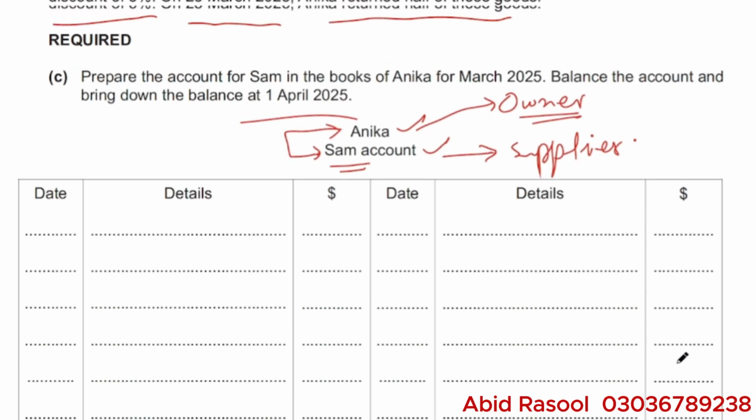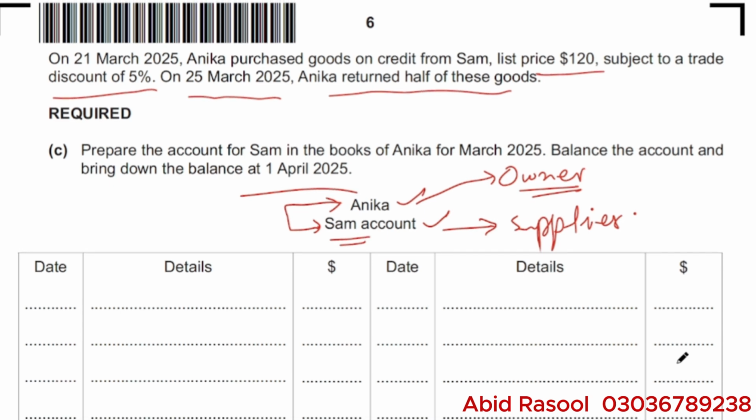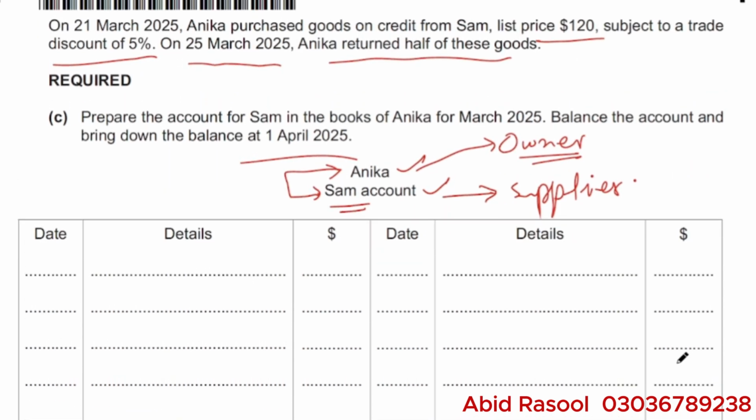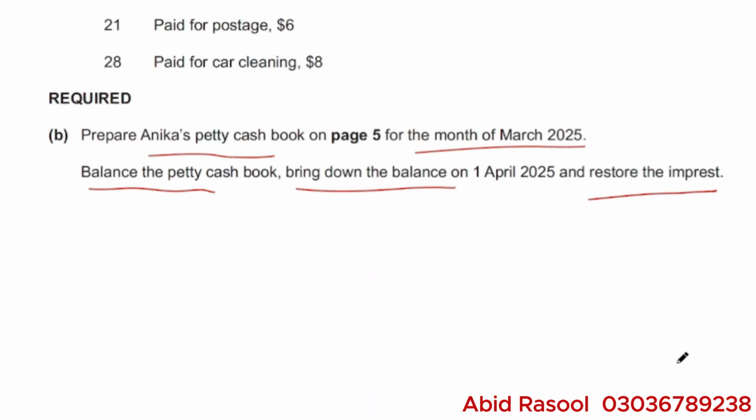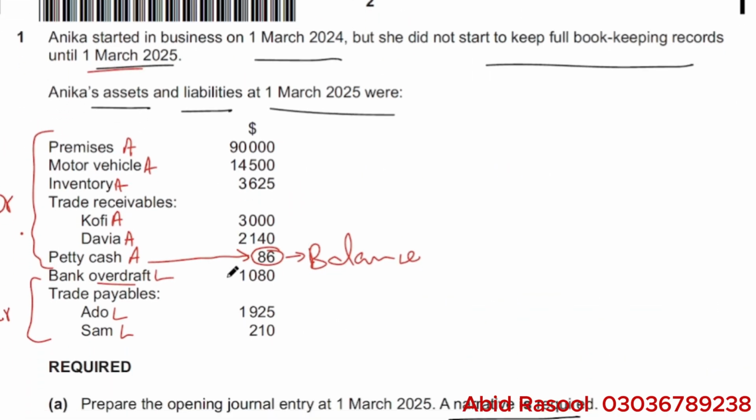Now in Sam's account, students, we have to record all the transactions related to Sam. In this question, Sam started in part A. Here we can see the name of Sam given, 210. It was a liability on 1st March.